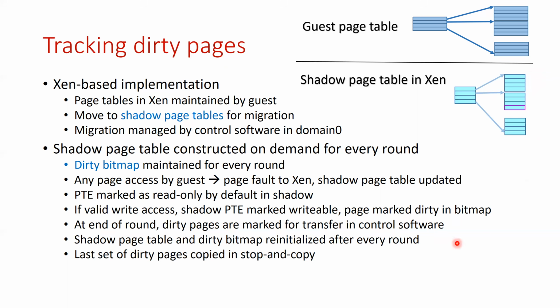At the end of the round, of course, you will reinitialize the shadow page table and the dirty bitmap, because you only want the delta from one round to the other, right? If the pages continue to exist in the bitmap, then you will transfer them unnecessarily in the next round also. Therefore, you will reinitialize them at the end of every round. And finally, at the end of the last round, whatever dirty pages are there, you're going to copy them in the stop and copy phase.